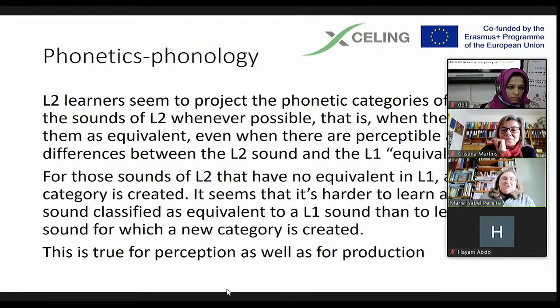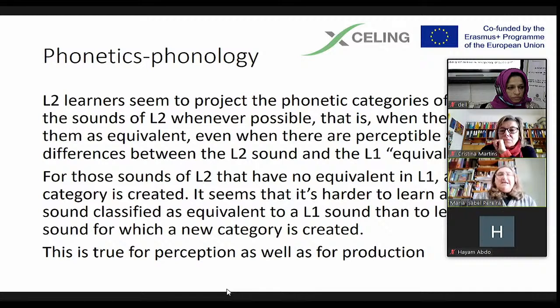But when we talk about segments or individual sounds, and I am talking about sounds and phonological segments, usually L2 learners seem to project the phonetic categories of their native language on the sounds of L2 whenever it is possible.